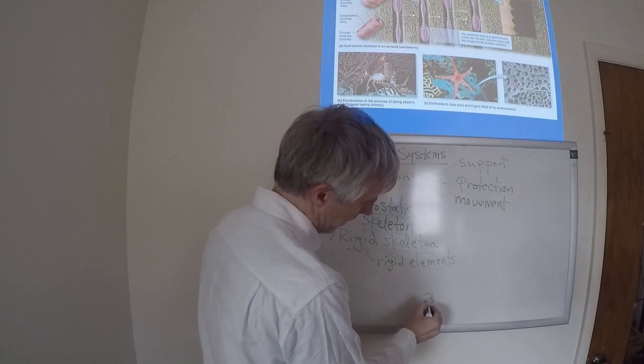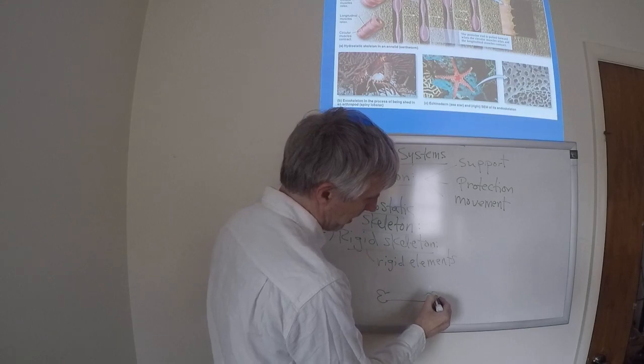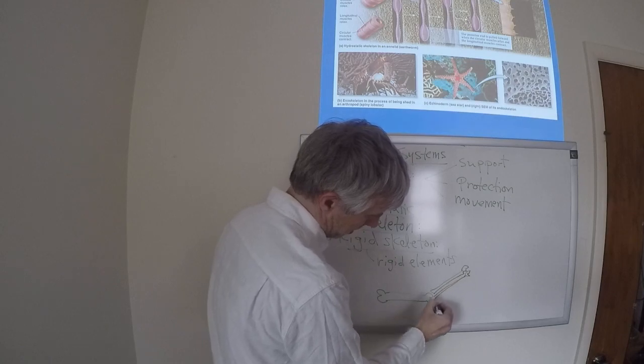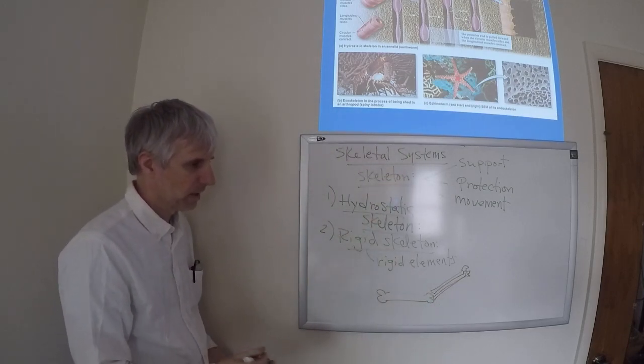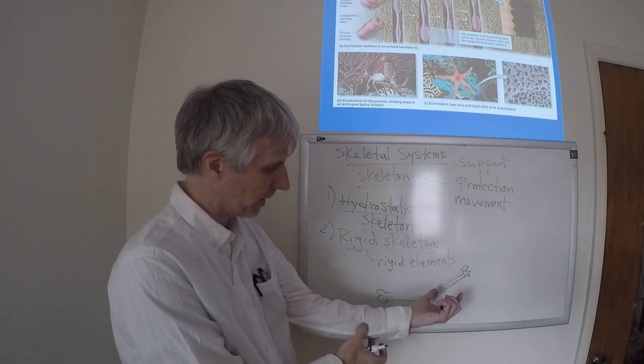So let's do my arm here. Right, I'm going to put a bone there, and then let's, right, there's my radius and ulna. That would be my humerus here, radius and ulna here.